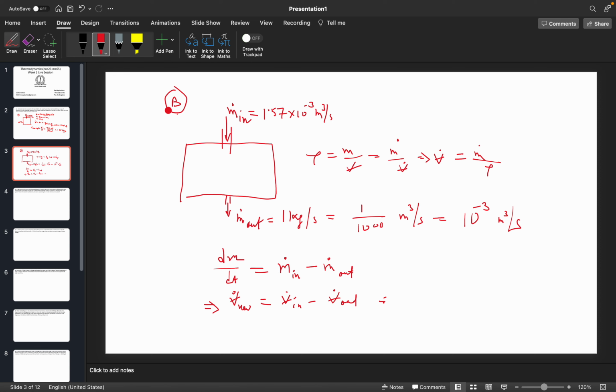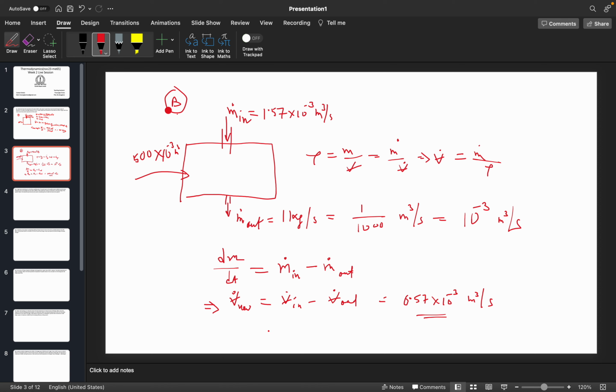So this will be 0.57 into 10 to the power minus 3 meter cube per second. Now again you have a new volume flow rate. The original capacity of this one was 500 into 10 to the power minus 3 meter cube.